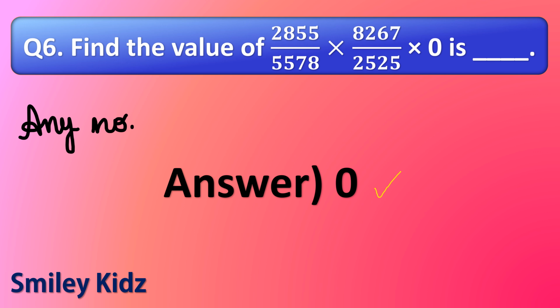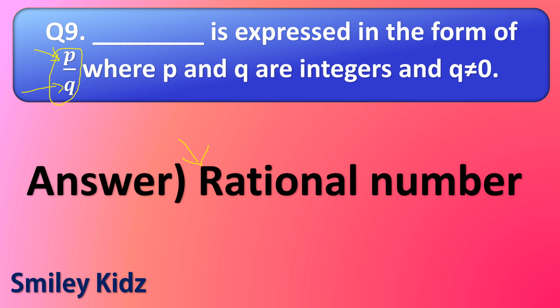Your time is up. And the right answer is rational number. This is the topic we are discussing today. A rational number is expressed in the form of P by Q where P and Q are integers and Q not equal to 0.